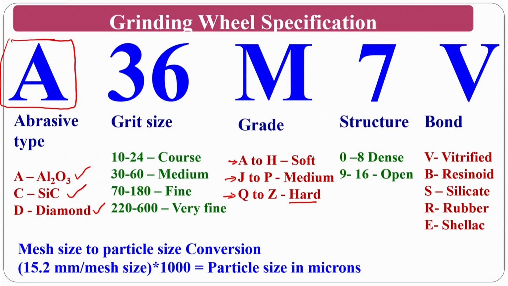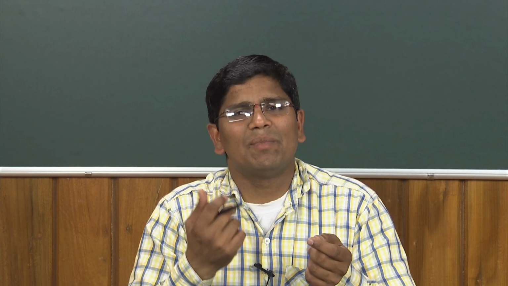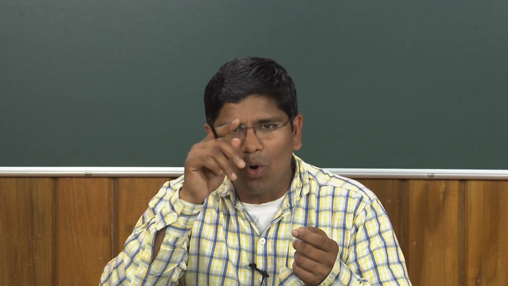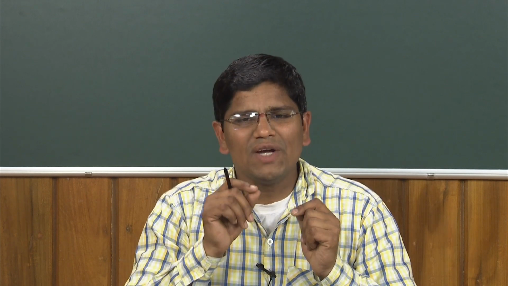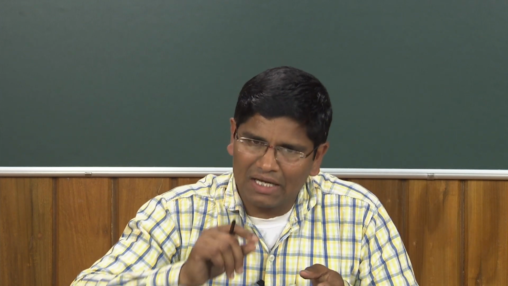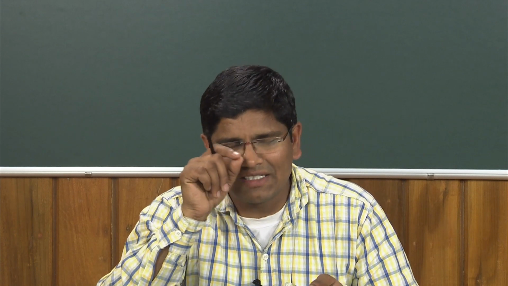Mesh means, you know, our mothers, whenever they have wheat flour or some flour, they use a sieve. That is nothing but the mesh. The square holes on the net where the mothers used to sieve are the mesh. For a unit area, how many square holes are there decides the mesh number.